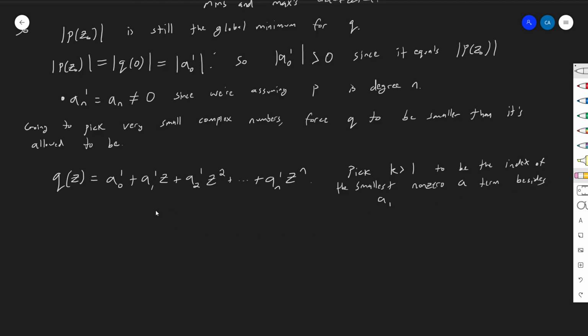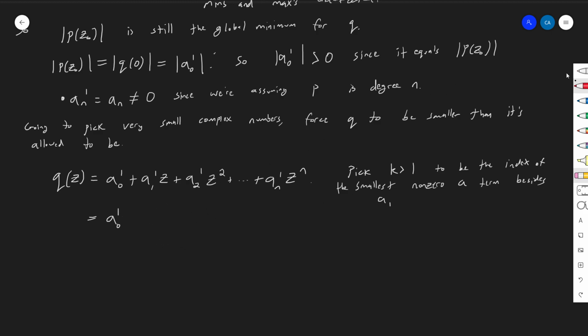So in other words, maybe this is 0, maybe this is 0, maybe only the third one is non-zero. Then I'm just going to write a0 prime plus a3 prime z cubed. I don't know if that's what it is, but that's what I'm going to write down.